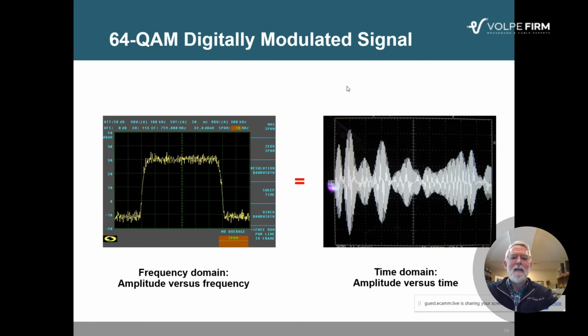This is a fun one. It was a digital oscilloscope I had access to, and I just plugged it into the output of a QAM modulator. It's a 64 QAM signal. I took a bunch of different pictures with different time per division settings, and one of them I've got. I don't show it here.